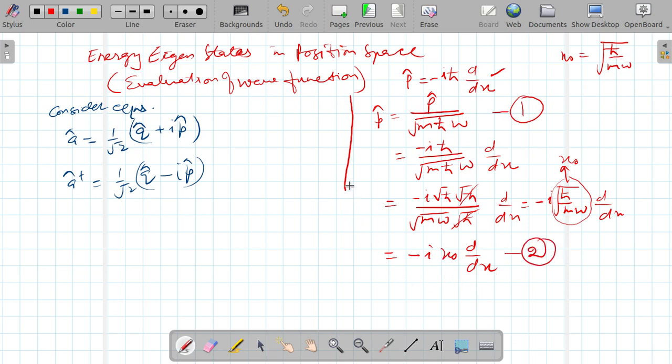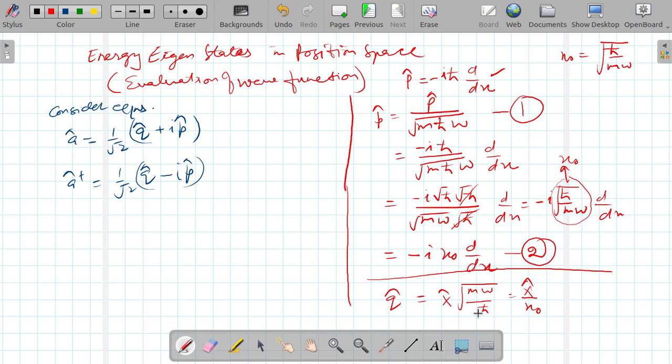And similarly, let us look at another parameter, that is q. Q is equal to x times the root of m omega over h cross. Here it is x over x naught, because this is nothing but x times 1 over x naught, the root of m omega over h cross.